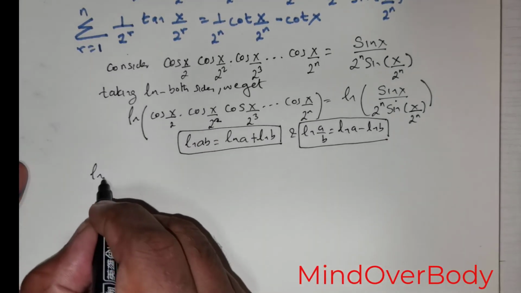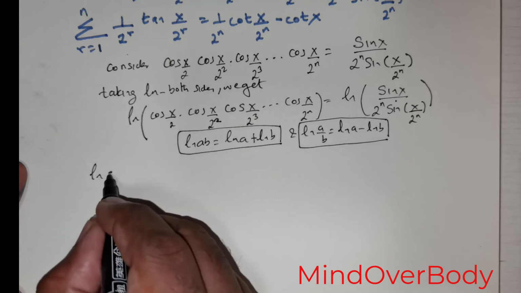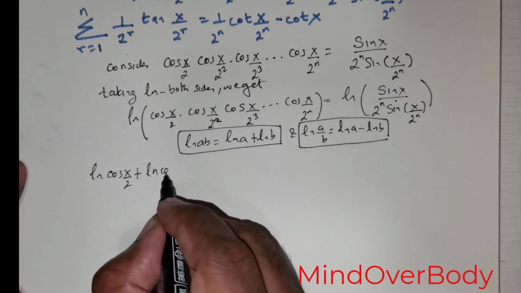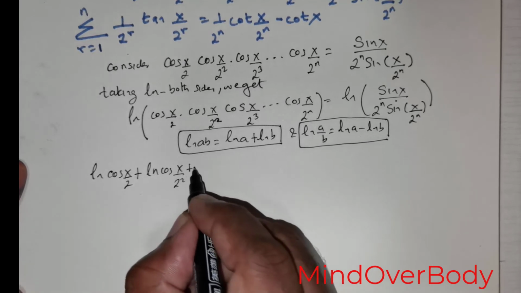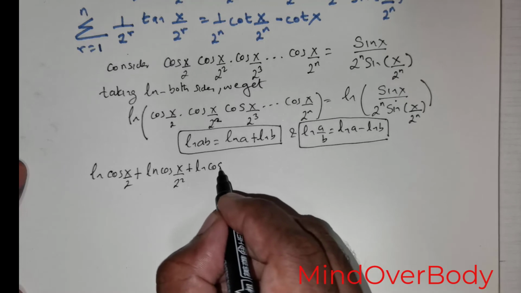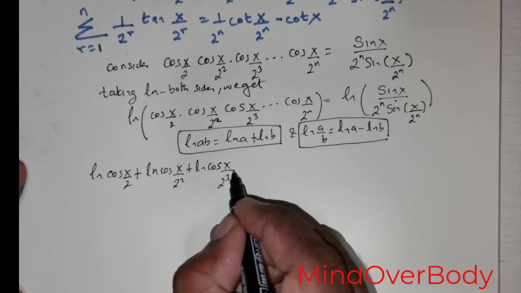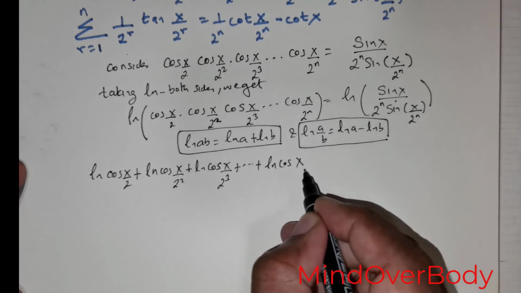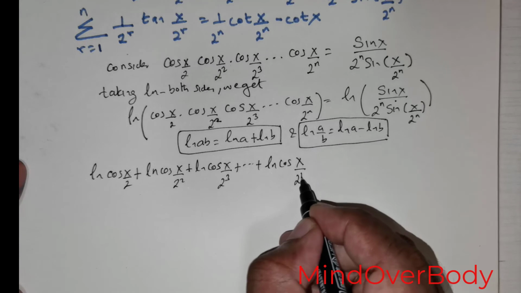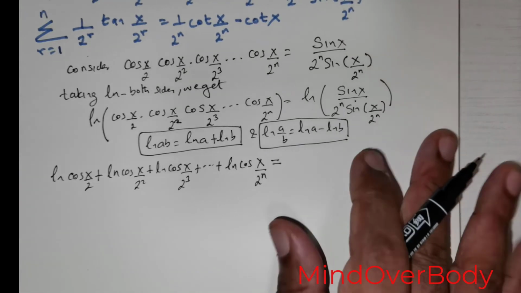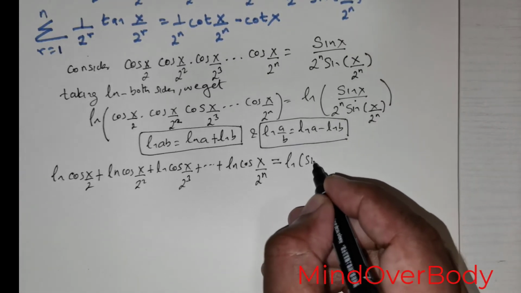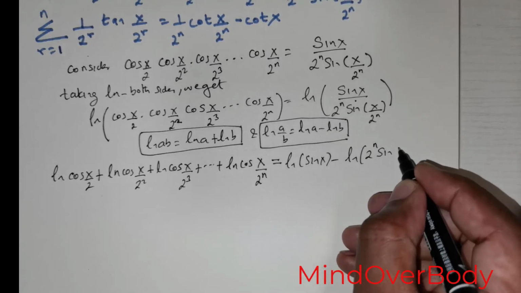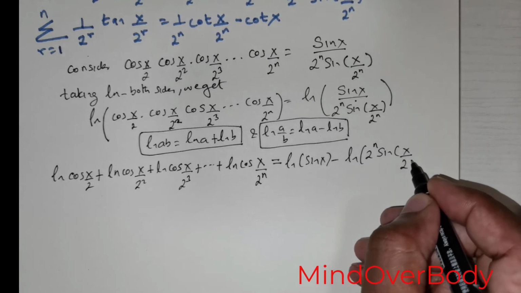So this would give me ln of cos(x/2) positive ln cos(x/2)^2 positive ln cos(x/2)^3, etc. positive ln cos(x/2)^n is equal to ln of sin x negative ln of 2^n times sin(x/2)^n.